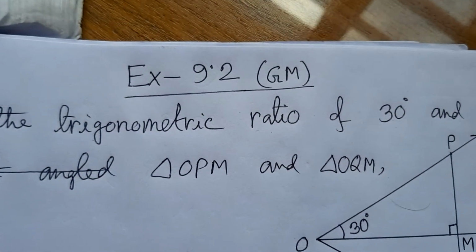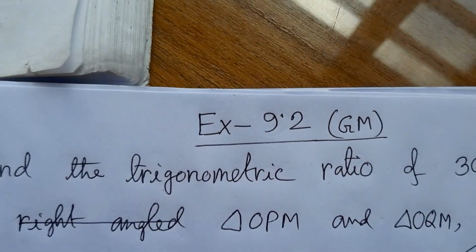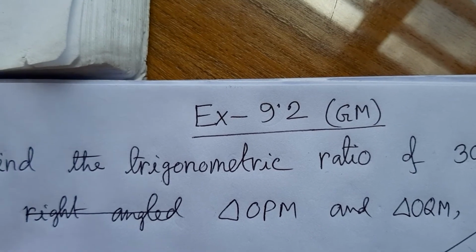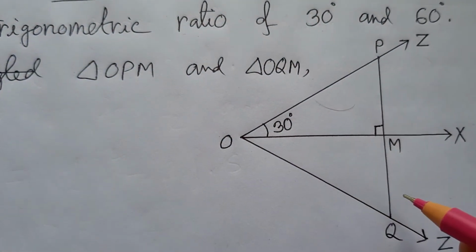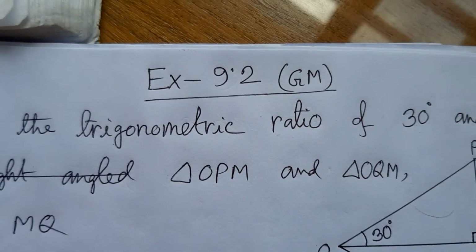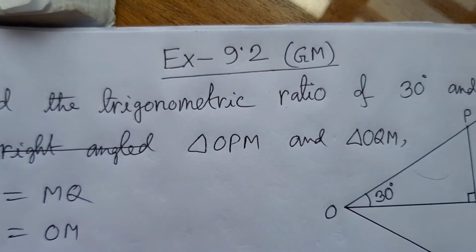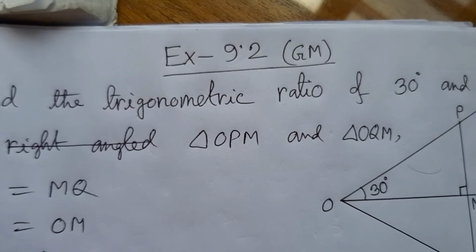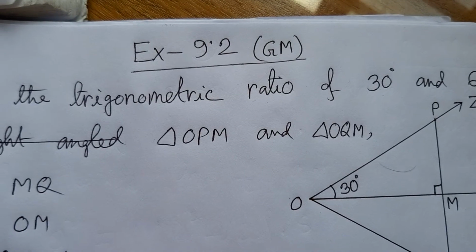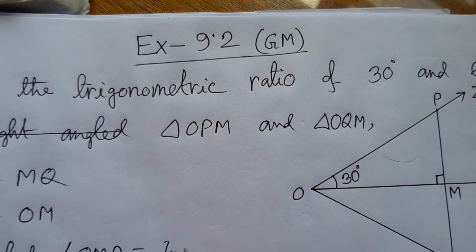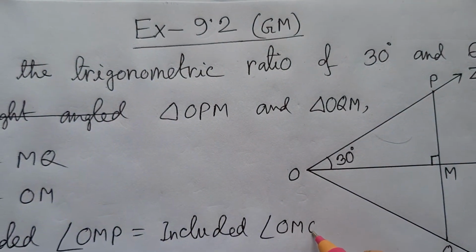So now we go for triangles OPM and OQM. You can see that here PM is equal to MQ, and OM is common, that means OM is equal to OM. And the included angle OMP is equal to the included angle OMQ, which is 90 degree.